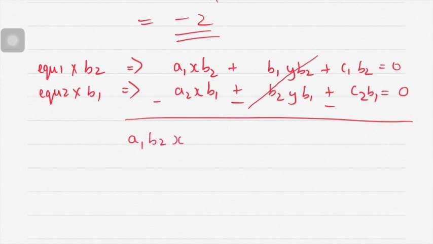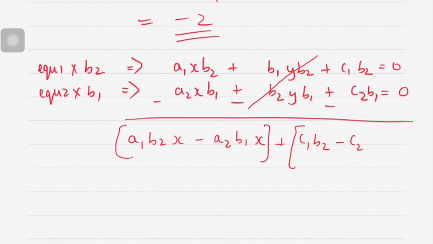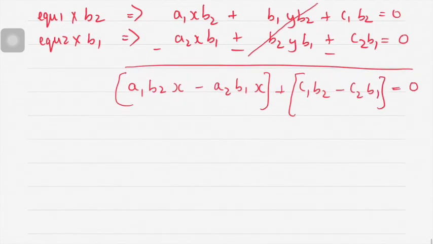Now what is remaining? a1 b2 x minus a2 b1 x plus c1 b2 minus c2 b1 is equal to 0. Okay.